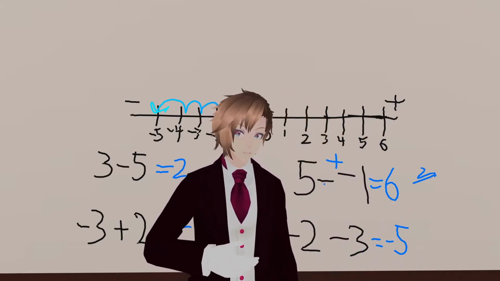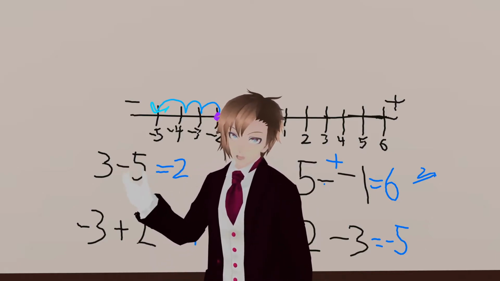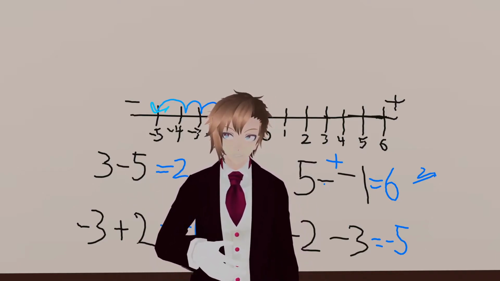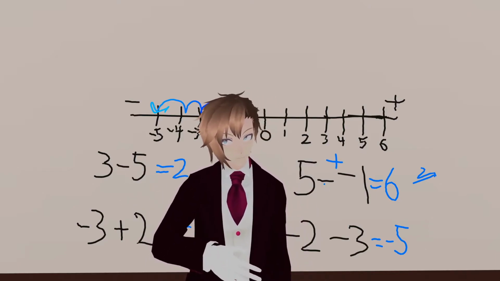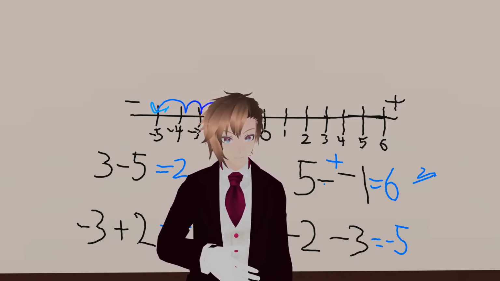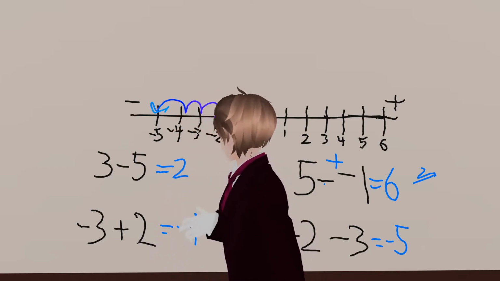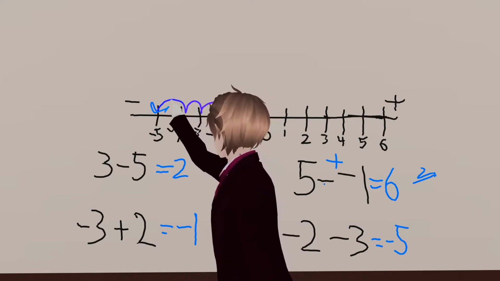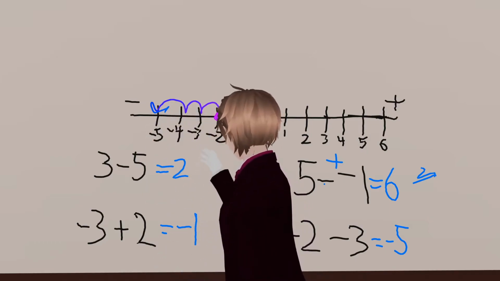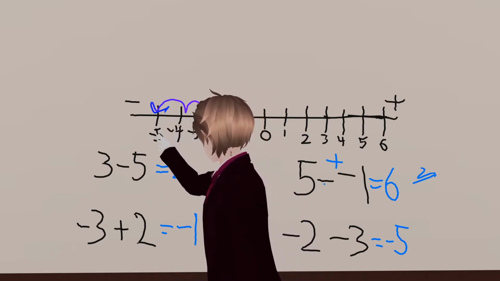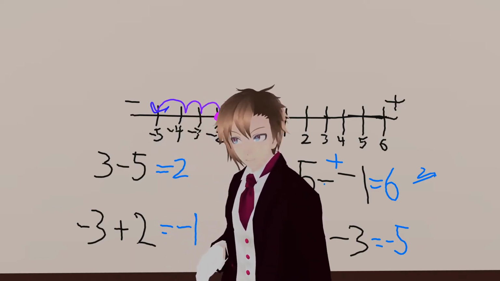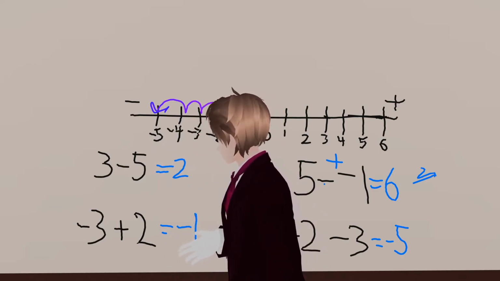Another word you might come across when dealing with questions like this is, what is the difference between two numbers? And the difference between two numbers is these jumps. So the difference between negative 2 and negative 5 is 3.